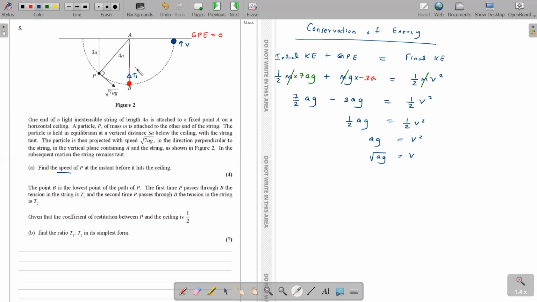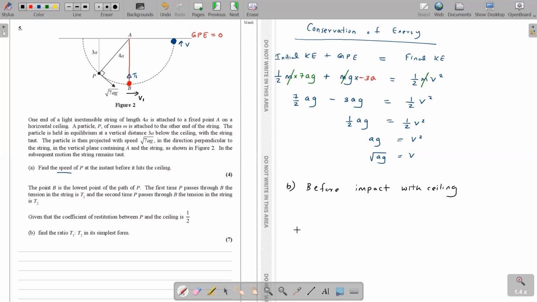So before impact with the ceiling, I'm going to find the initial velocity that we pass through B. Let's say this is velocity V1.